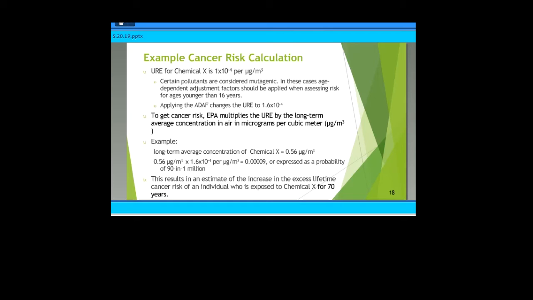I don't know for a fact that there's any data on miscarriages and birth defects, but the unit risk estimates are developed based on the effect that happens the soonest at the lowest concentrations.